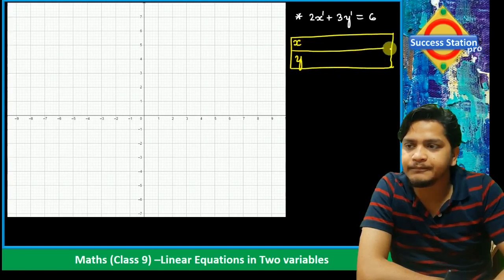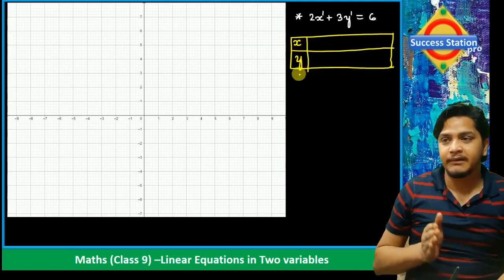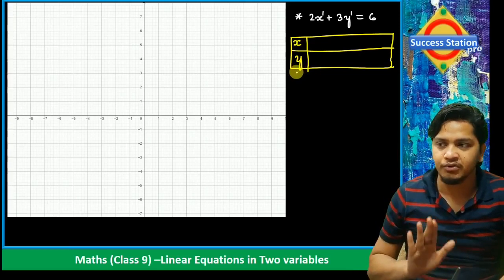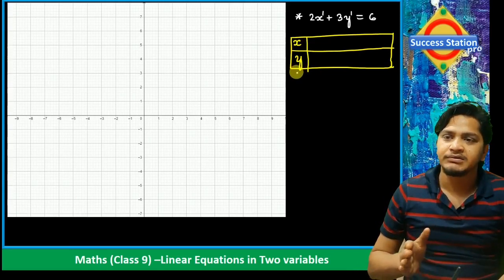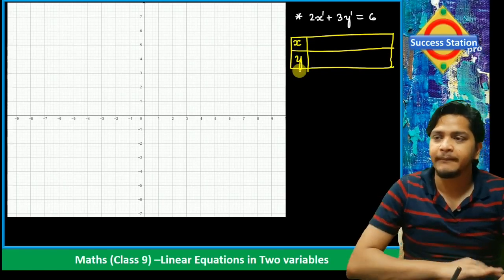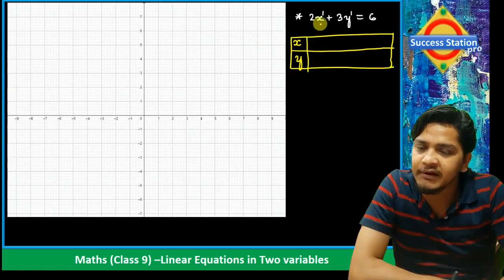Okay. I think before this chapter you must be knowing everything about coordinate geometry and how to plot points. Right? So if not, you can see the coordinate geometry video first. Okay? Okay. So first what we will see, 2x plus 3y equal to 6.